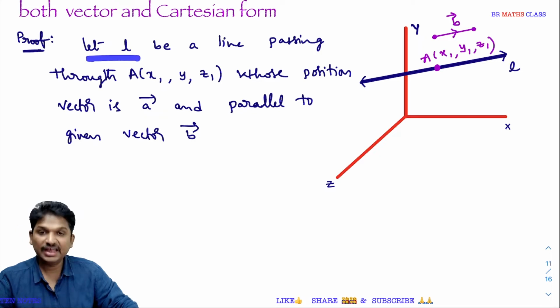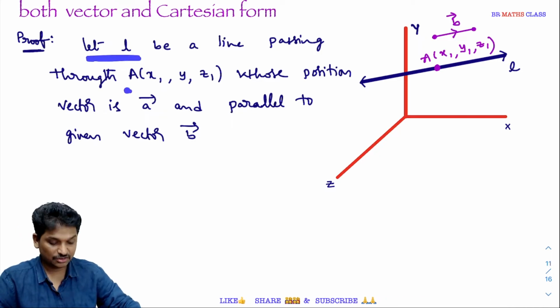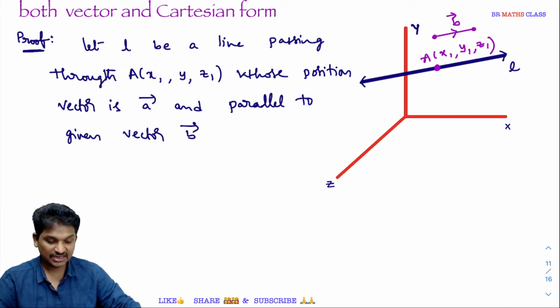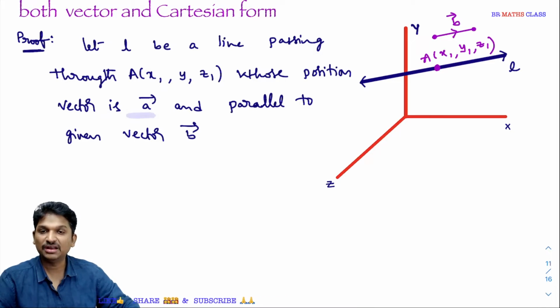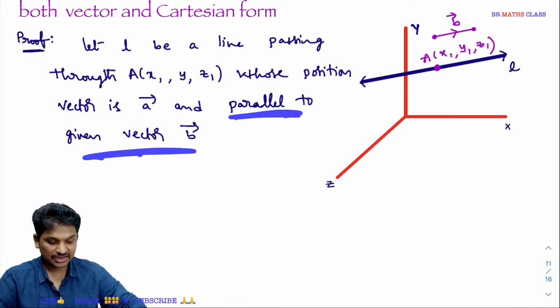I consider a line L. That line is passing through point A, whose position vector is A bar. That means OA bar is A bar, and that line is parallel to the vector b bar.